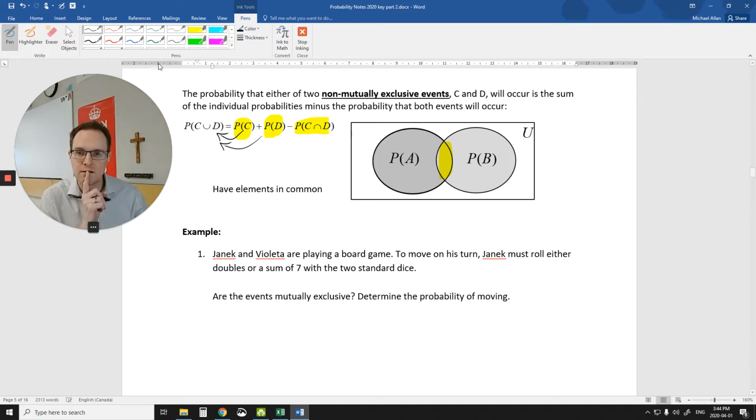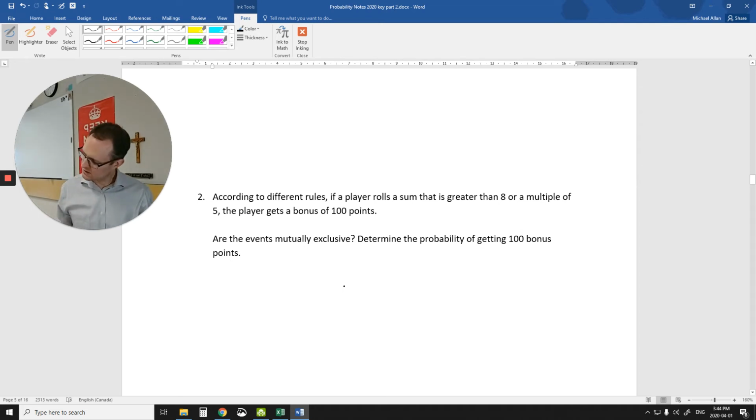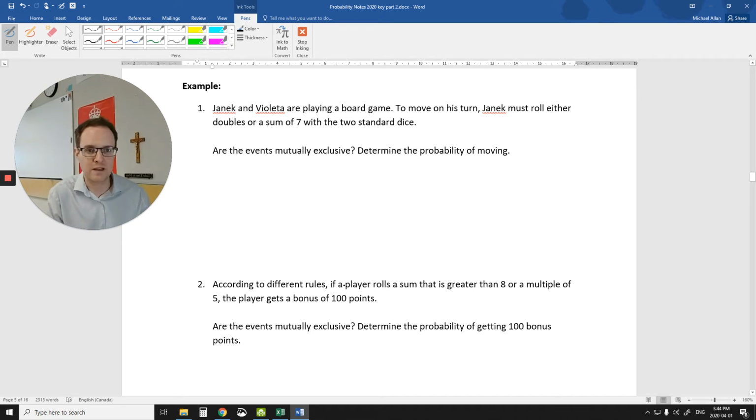So if I knew what the middle piece was and what these 2 circles are, I can just subtract them out to find out what the union was. So that's what this is, non-mutually exclusive event. We're going to see one later on here on the next page that involves this process. Okay?